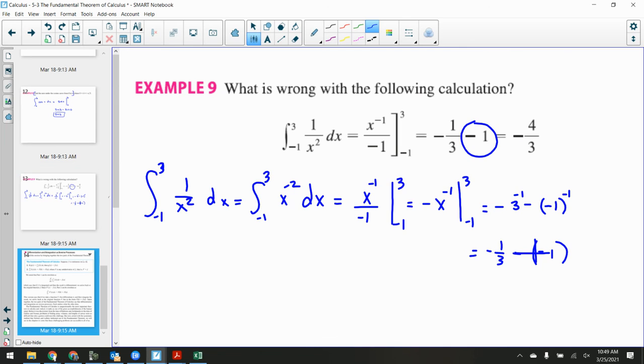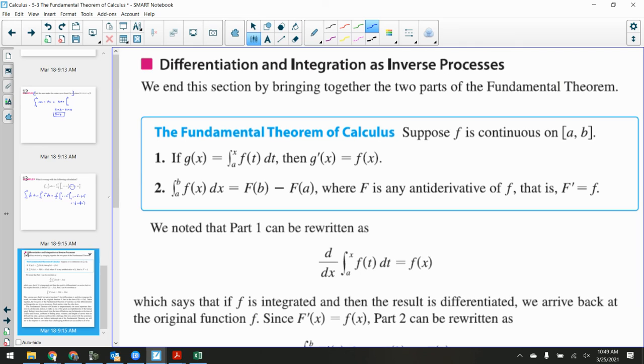This last slide, I don't even think there's anything new on it. It's just summarizing things for us. It's a reminder that differentiation and integration are inverse processes of one another, right? Because we can link them together with the antiderivative, you can think of differentiation and integration kind of like how you think of square rooting and squaring something, or division and multiplication. They are inverse processes of one another.